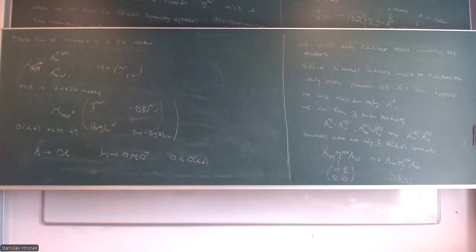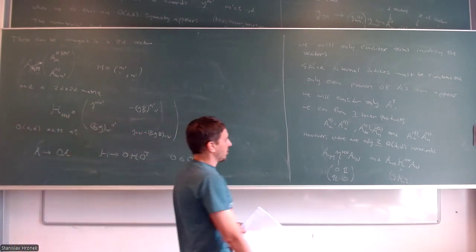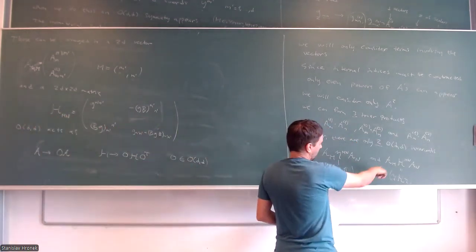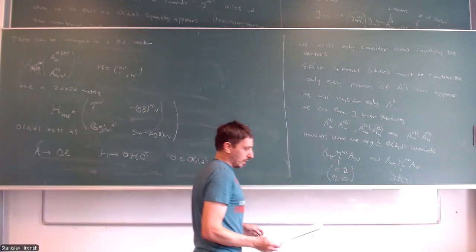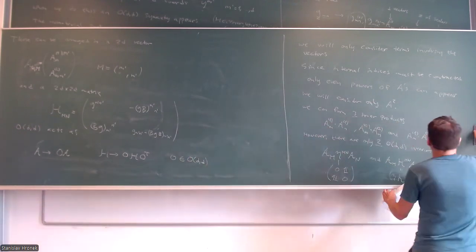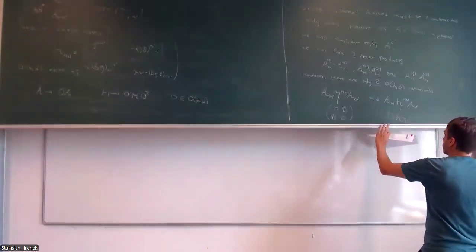Okay, but now you see there's a discrepancy. I could write three of these terms, but I can only write two invariants. So there will be some combination that's not compatible with O(d,d). And that's the point.